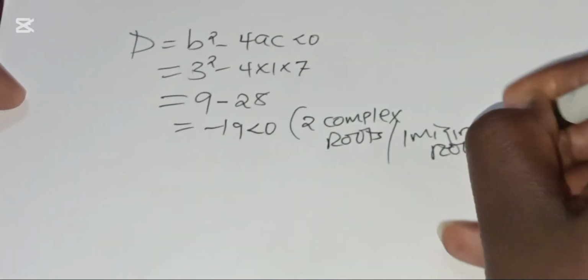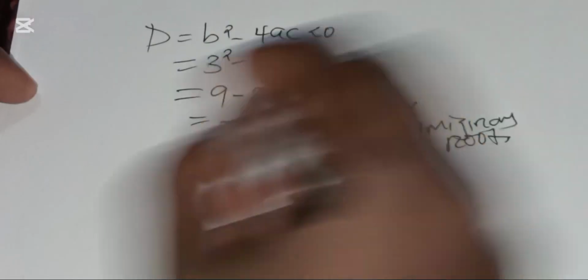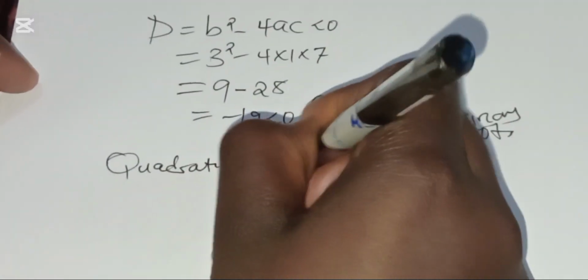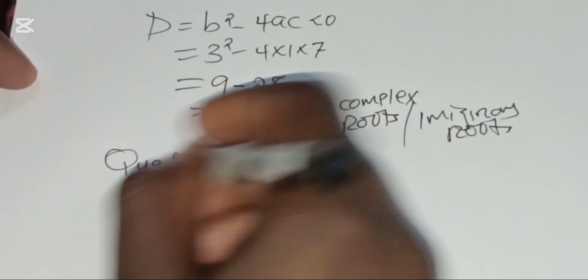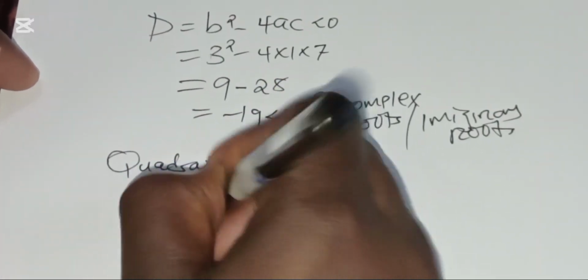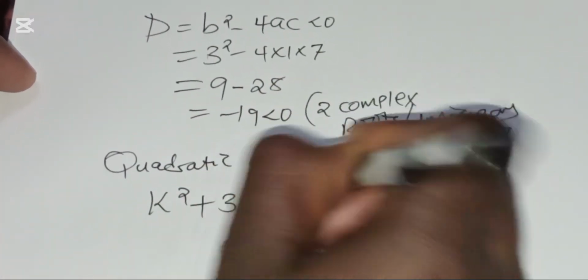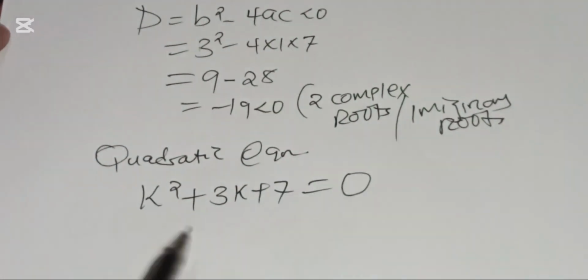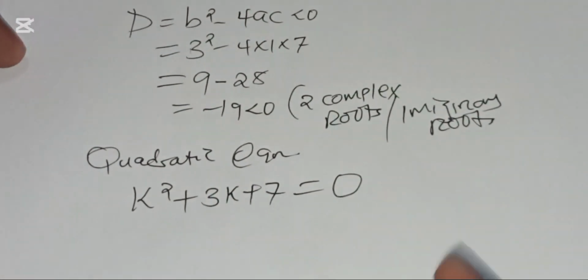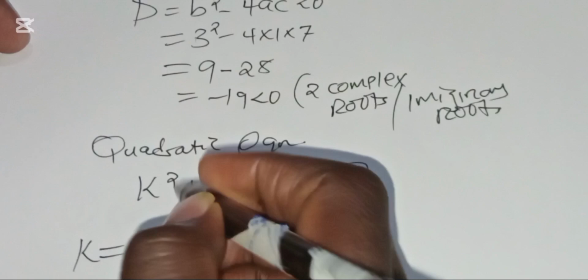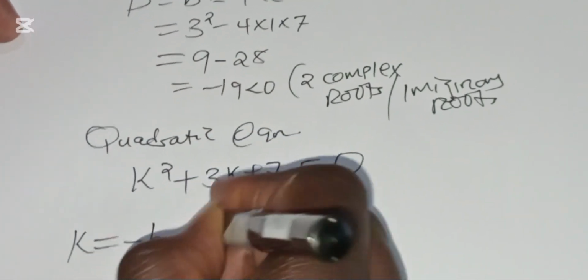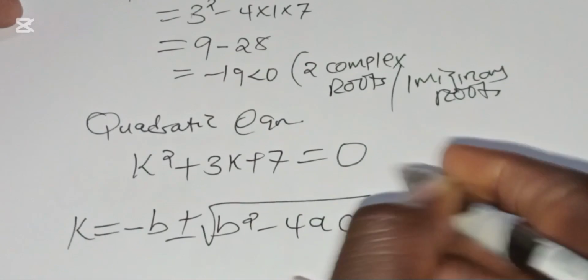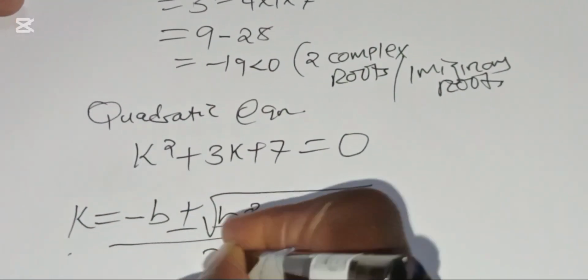Now we can solve for the values. Remember from our quadratic equation, k squared plus 3k plus 7 is equal to 0. We can determine the values of these imaginary roots by using the quadratic formula, which is expressed as negative b plus or minus the square root of b squared minus 4ac, divided by 2a.